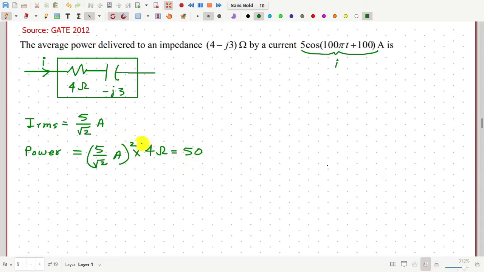This is the power input to the resistance, and there will not be any power consumed or generated by the capacitor on an average. So average power input to the capacitor is 0. So therefore, this is the total power input to this impedance, 50 watt.